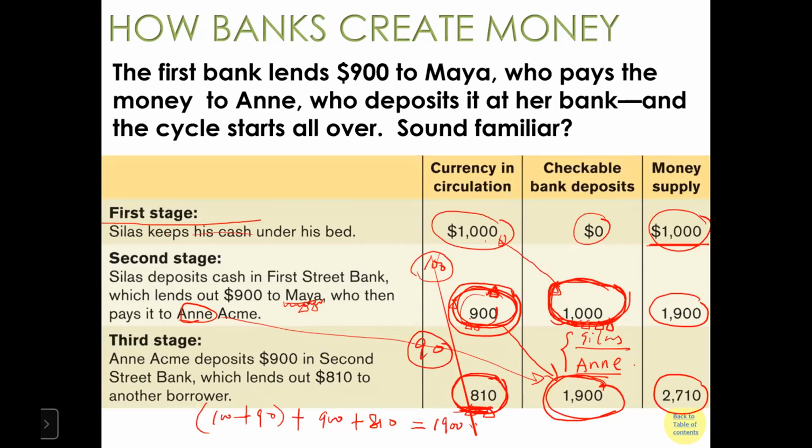So in the ideal world, whenever someone comes to the bank and wants to withdraw cash, the bank has some reserve, plus they can call their borrowers, and the borrowers can immediately pay off their loans. If that's the case, then we are safe.